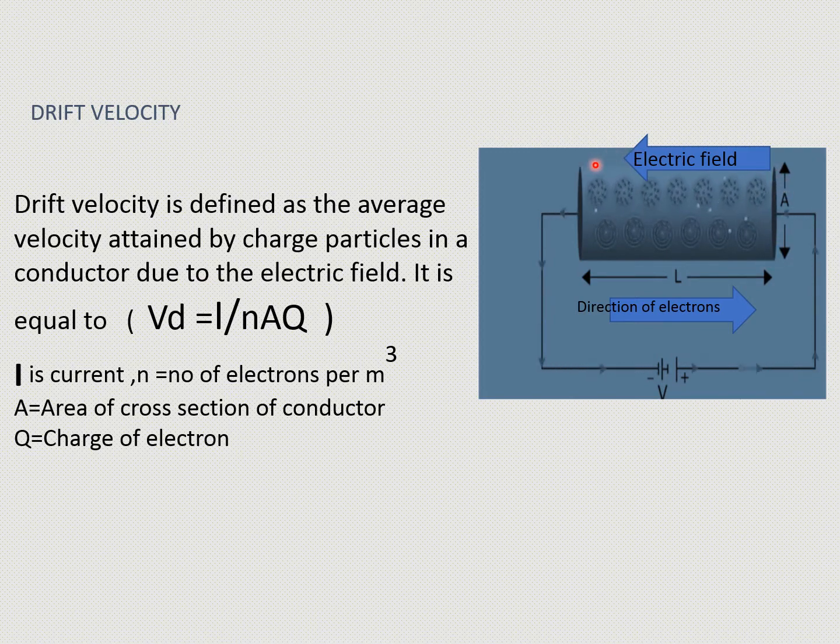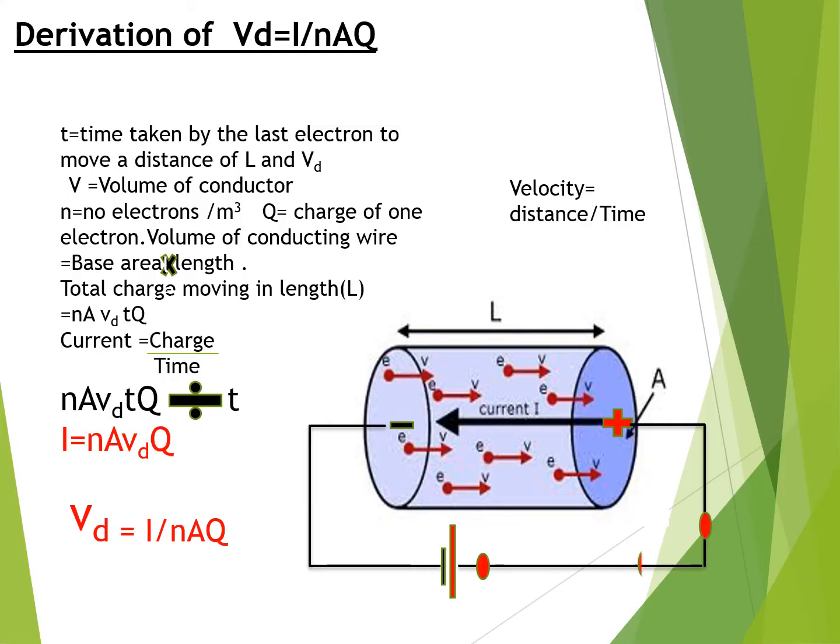This is the direction of the electric field. Now look here, the electrons are moving in the direction opposite to the electric field. Now, what is the drift velocity? Vd. Let us derive the equation for drift velocity of an electron.